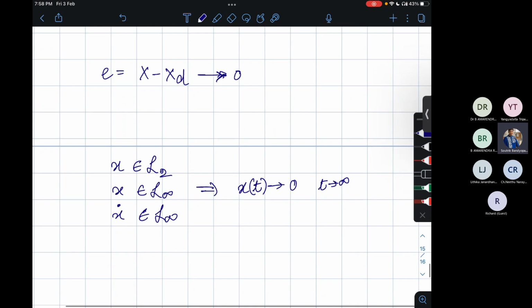So this Barbalat's lemma would be used repeatedly in this adaptive control course. So wherever you have these signals which you have to prove that they go down to 0, you would use this Barbalat's lemma.